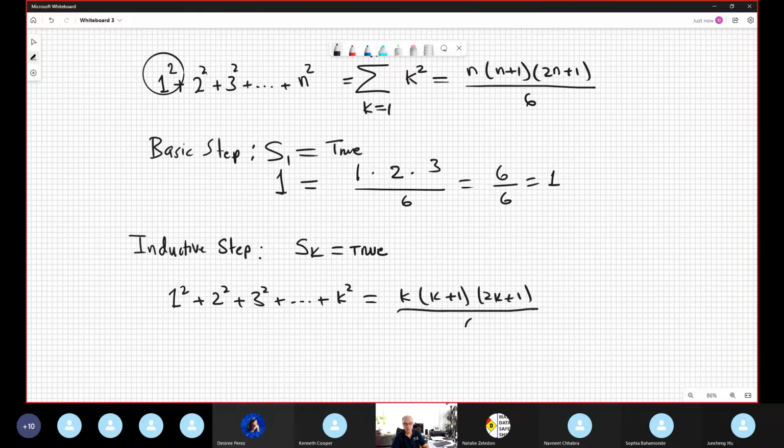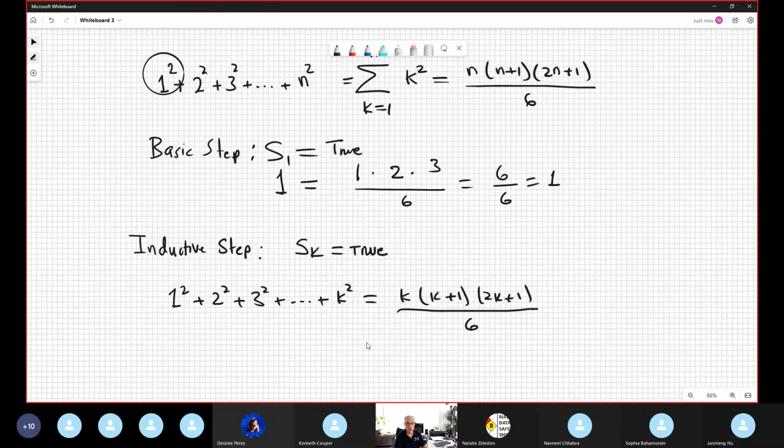So basically the only thing you should do is copy the same original equation, but you replace n with k, because k represents one intermediate number. Okay, you assume it's true.